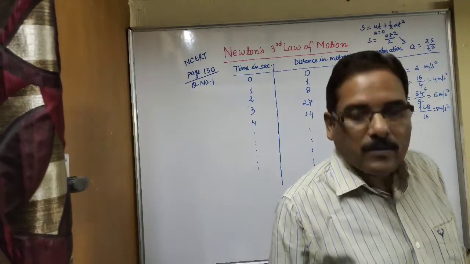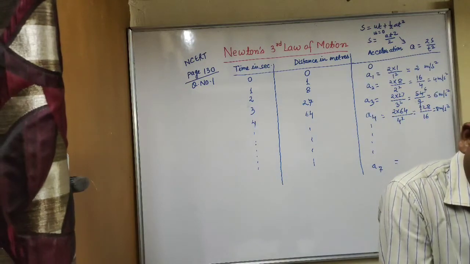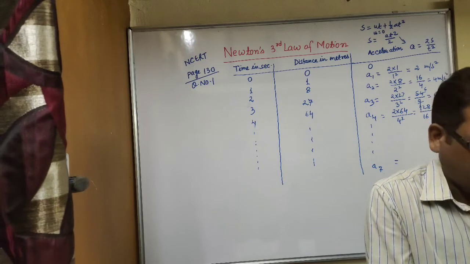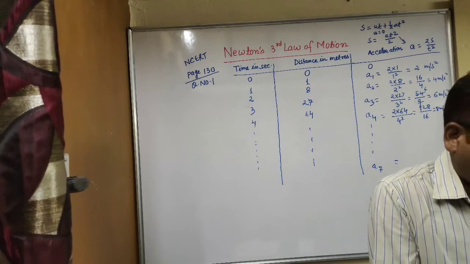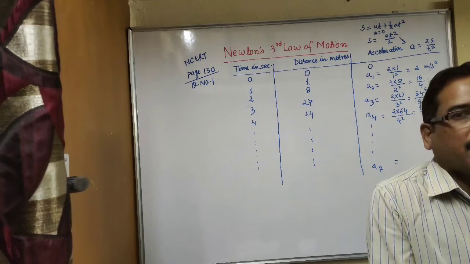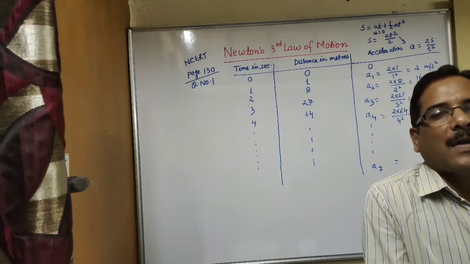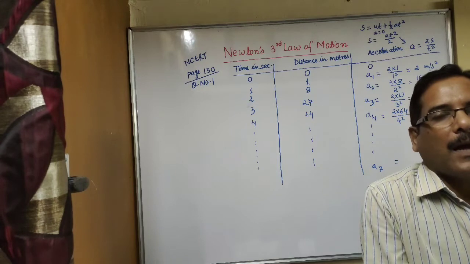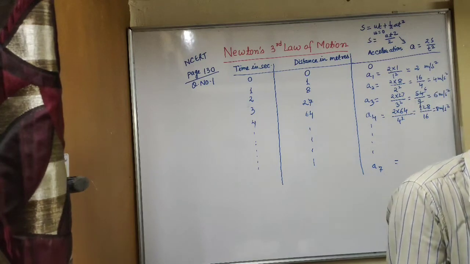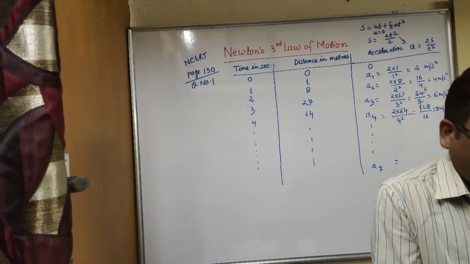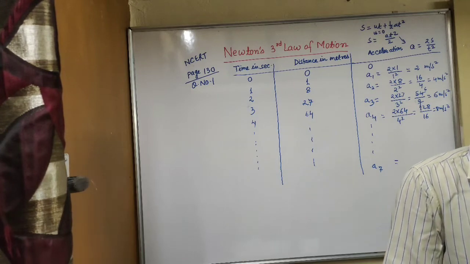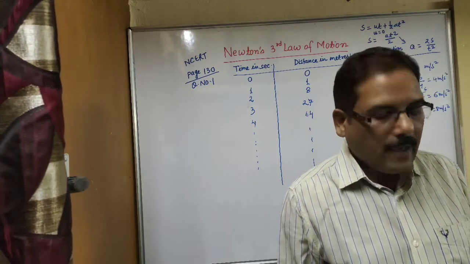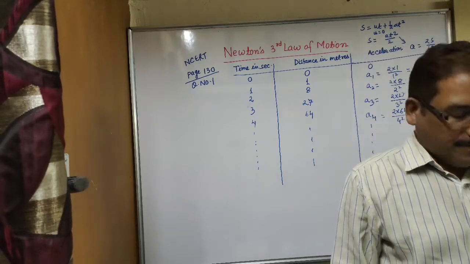Now the second part, B: what do you infer about the forces acting on the object? Acceleration is increasing. It means which type of forces are acting on the object? Obviously unbalanced forces are acting on the object. So you write, as the acceleration is increasing, the object is acted upon by unbalanced forces.